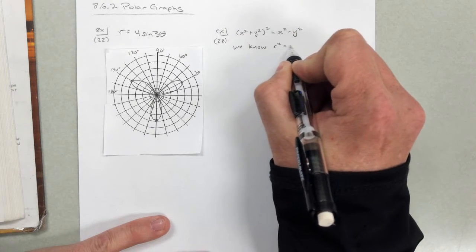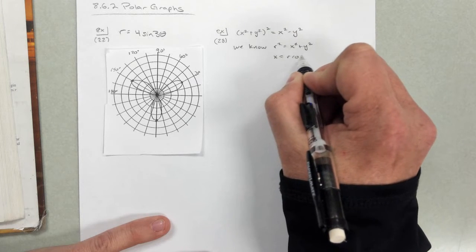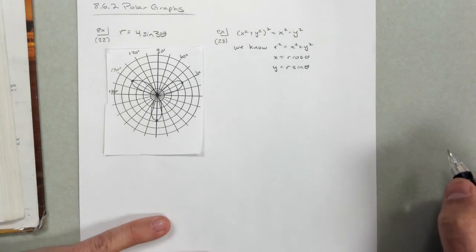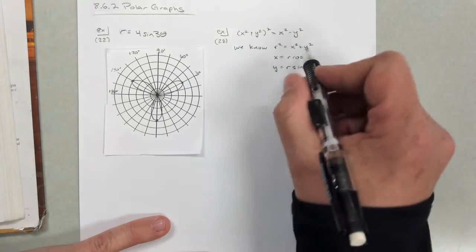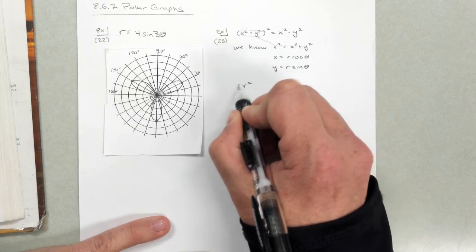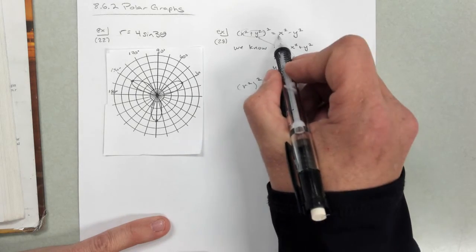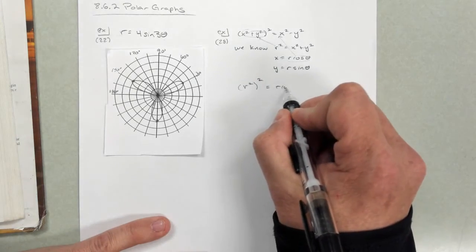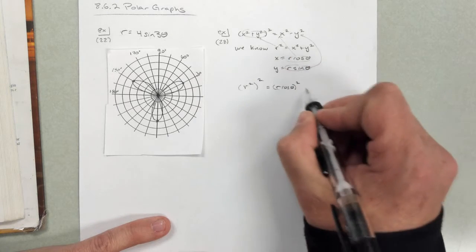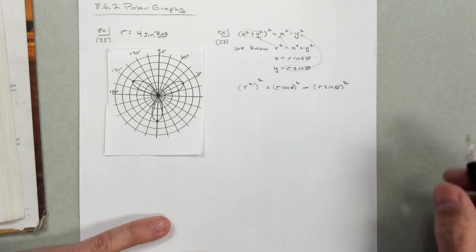We know that r squared is equal to x squared plus y squared. X is equal to r cosine of theta. Y is equal to r sine of theta. Okay. So therefore, we can take this out, put an r squared in there. We get r squared squared. And then in here, we can take this plug it in for x, and get r cosine of theta quantity squared. Take that, plug it in for y, get minus r sine of theta quantity squared.